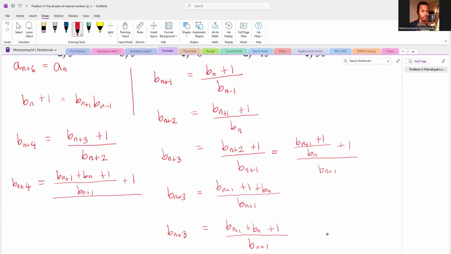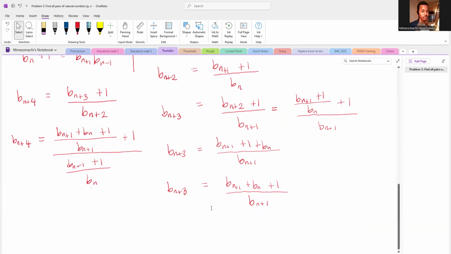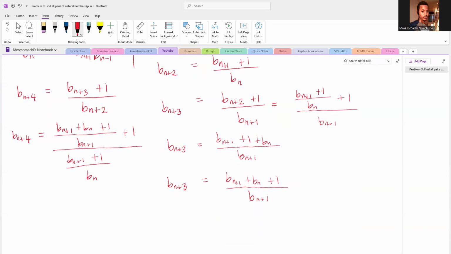And then b(n+2) is (b(n+1) plus 1) all over b(n). So here we have b(n+4) equals b(n+1) plus b(n) plus 1 over b(n+1) plus 1, or similar.